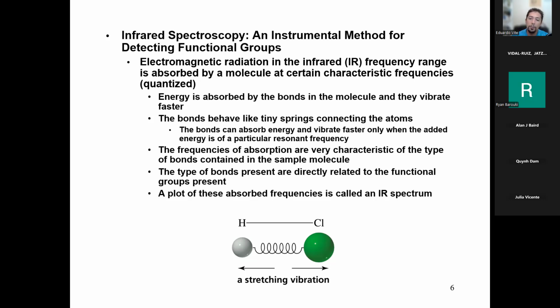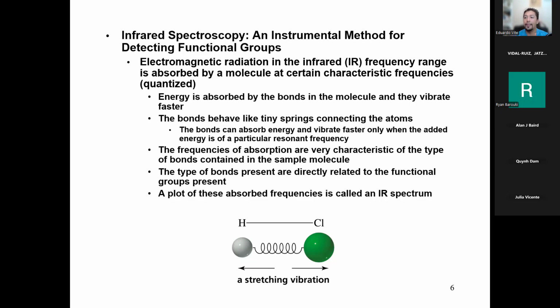So the point I'm trying to make here is that we look at the spring model of the bond, and that is what we use to base our frequency vibrations of the IR spectrum. We start from a low energy and we scan all the way to a high energy and we measure all of the absorptions that happen.